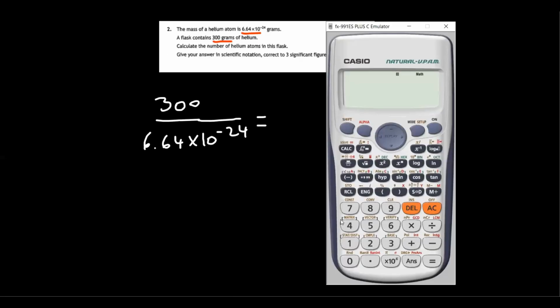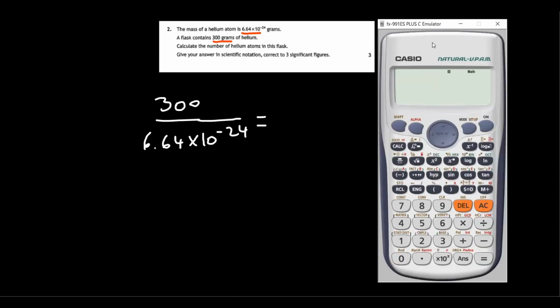So I'll just get the calculator. So you press this button to get fraction notation. And then you press the right button. And then 6.64 times 10, and then the power button, and then minus 24.